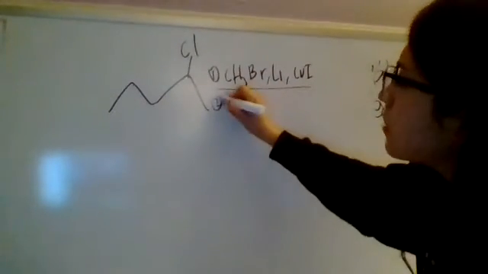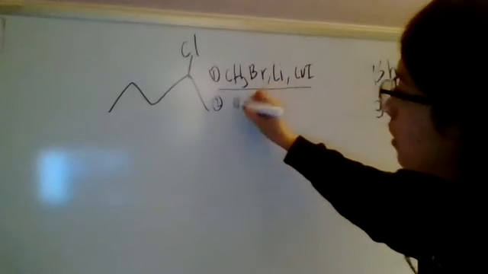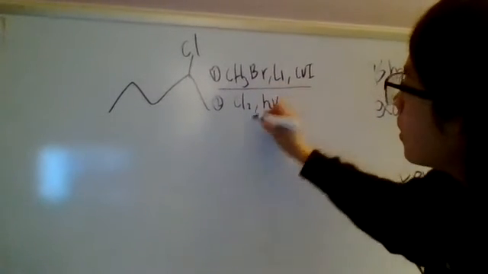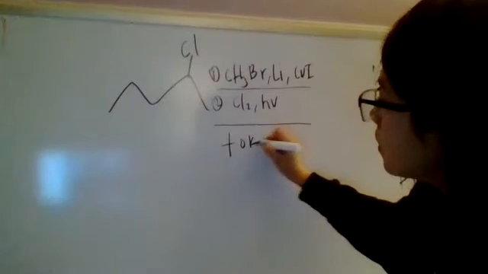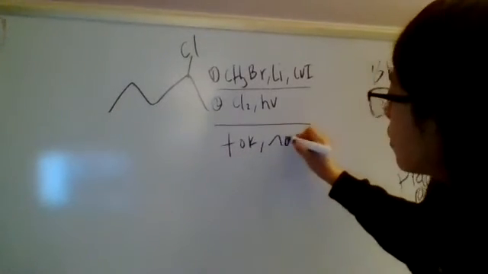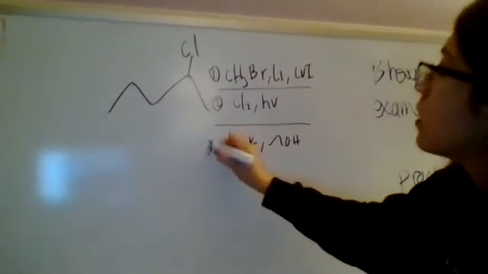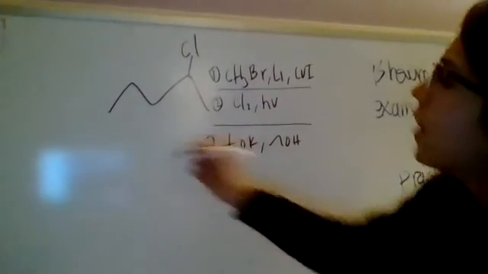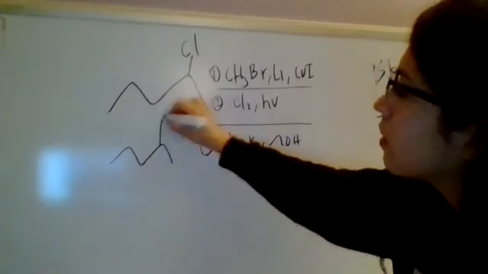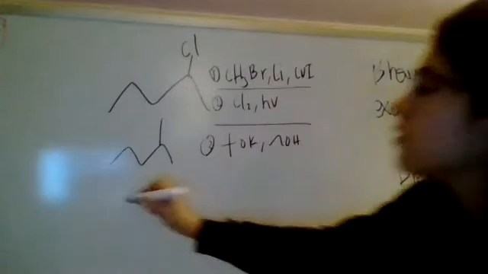The second, and I think somebody did this in the WhatsApp, like they sent the problem, was light. And then you had the bulky base and ethanol. Step 3. So step 1 gives you this. Step 2 gives you this.